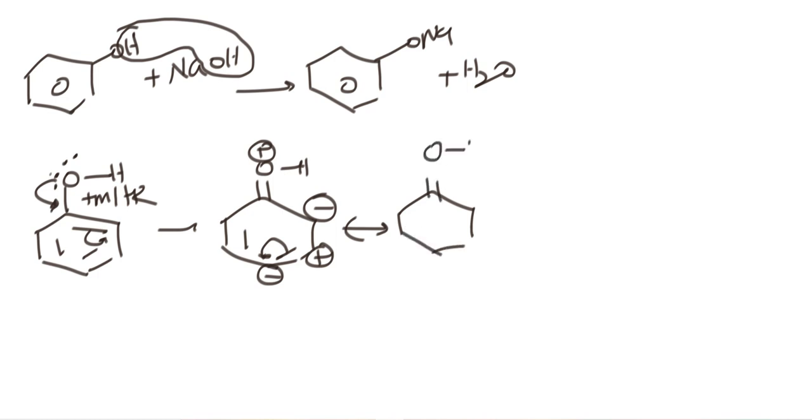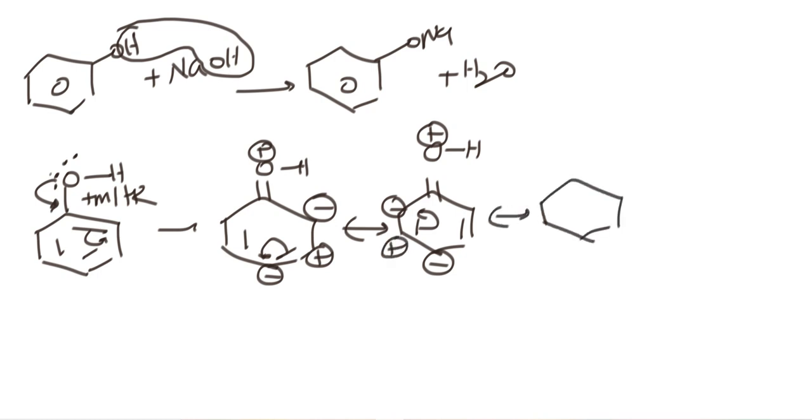This is OH, and here one bond, here negative charge. Then the bond is shifted like this. Here positive, here negative. Then this positive and negative make one more bond, and here negative, here double bond, O positive charge.